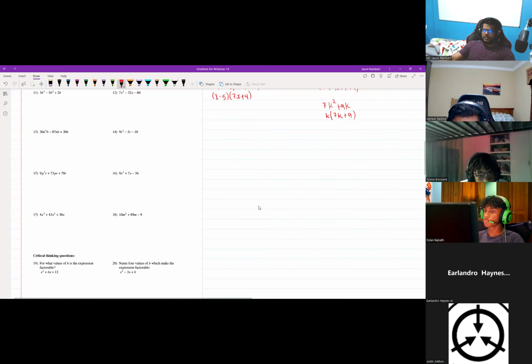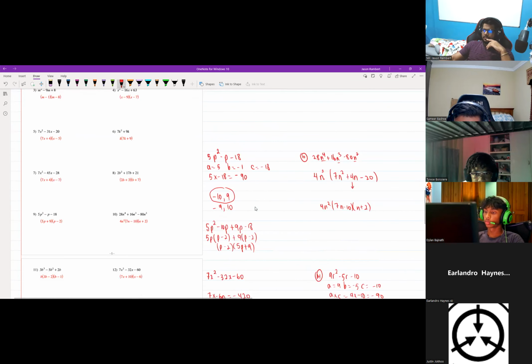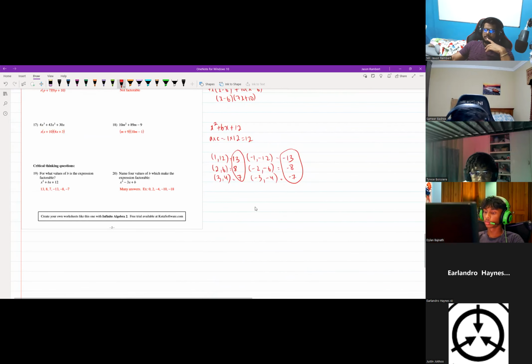I'm going back to the first one we did. I listed all the sums of pairs of factors and I just picked one that added to give me b. For number 12, let me say b was 8.